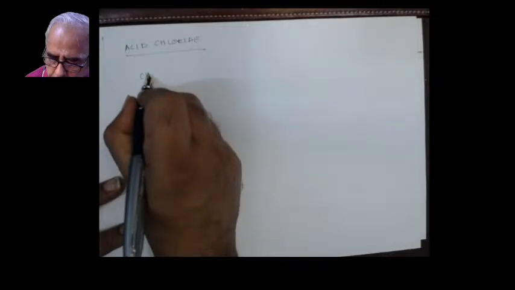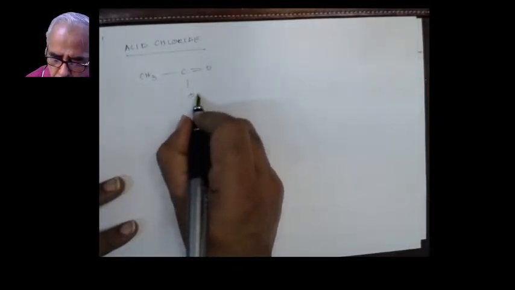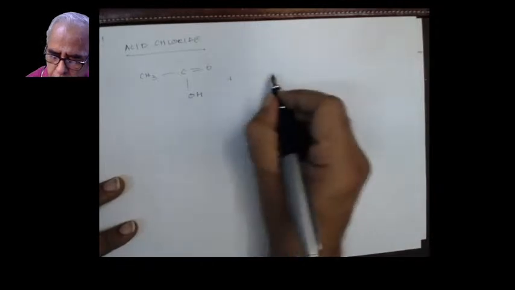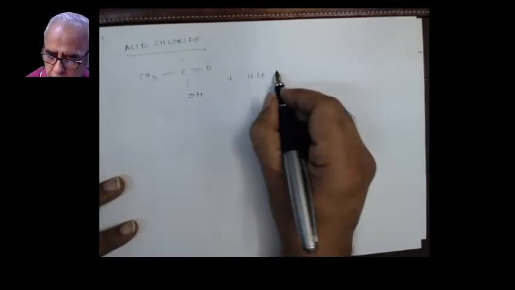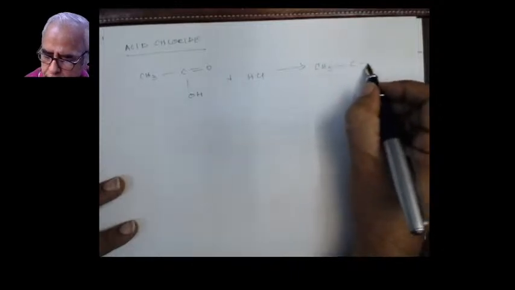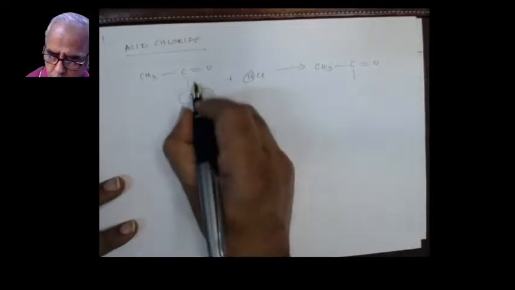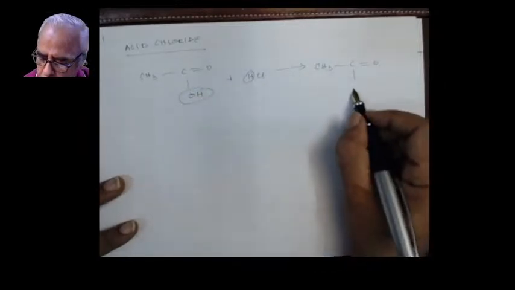Let us say CH3 C double bond O OH. So by combining with HCl you can get CH3 C double bond O Cl, with OH removed.